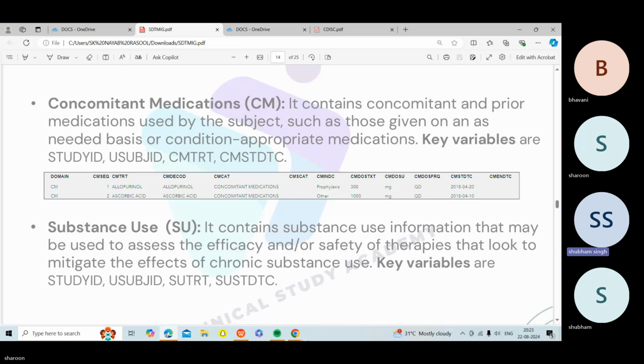The patients who were already consuming a lot of bad things in the past, or have already gone through some severe problems, the chances are high. So for substance use, we will be collecting the data. What are the substances they were consuming in the past or in the present? It can be tobacco, alcohol, drug, coffee, anything.